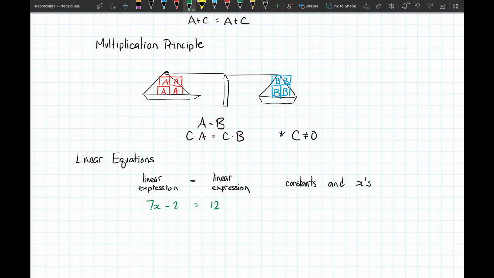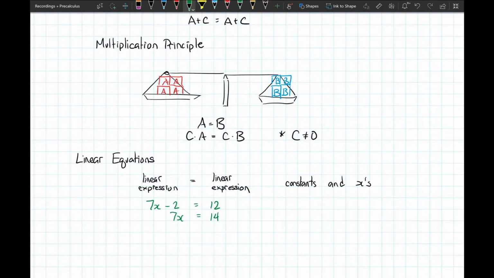All you need to do to solve linear equations is use the principles of addition and multiplication. Try to make sure you've got all of your x's on one side of the equation, and all your constants on the other side. So we will add 2 to both sides, and 7x, if we add 2, cancels the negative 2, so 7x equals 14.